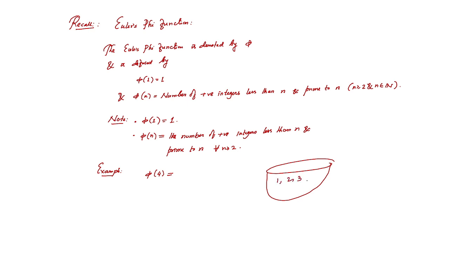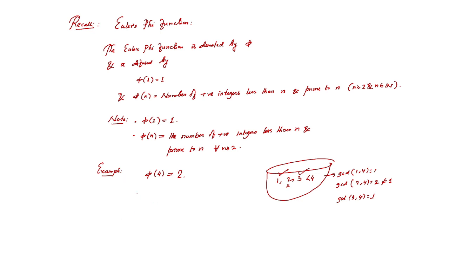Check GCD of 1 and 4, this is 1. GCD of 2 and 4 is 2, which is not equal to 1, so 2 is not prime to 4. And GCD of 3 and 4 is also 1. So there are only two integers less than 4 and prime to 4. So phi of 4 equals 2.